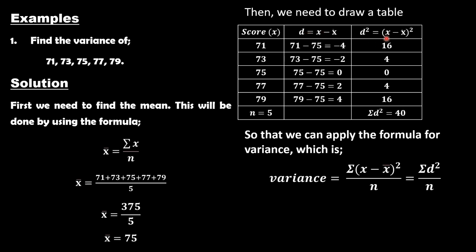So when we square it, it is still the same thing as d squared. So either you write it or you write this, it's still the same thing. Since this d stands for deviation, therefore the variance equals 40 divided by 5. Remember that our n from above is 5. Therefore, the variance equals 8.